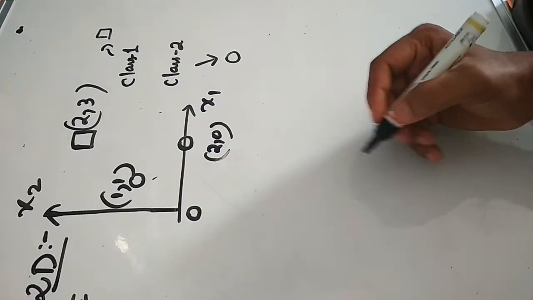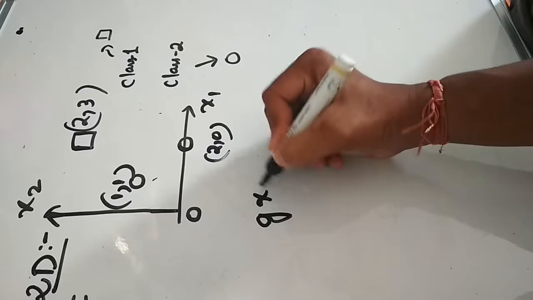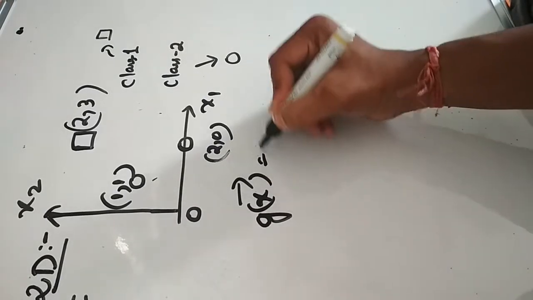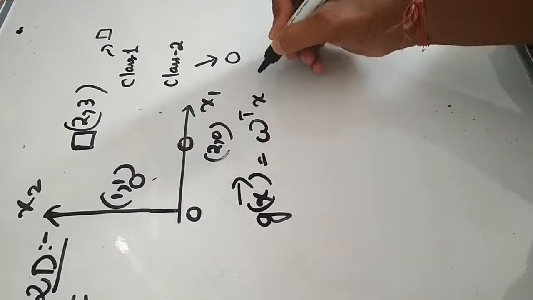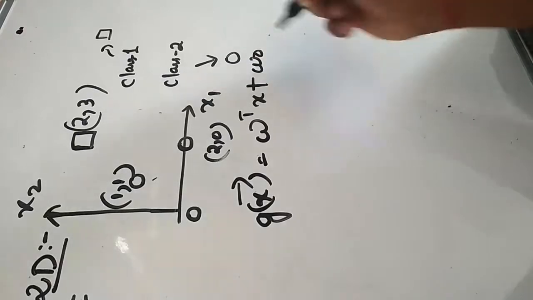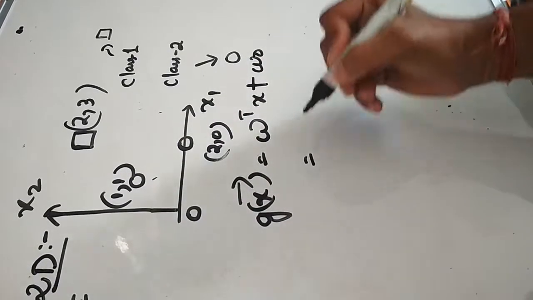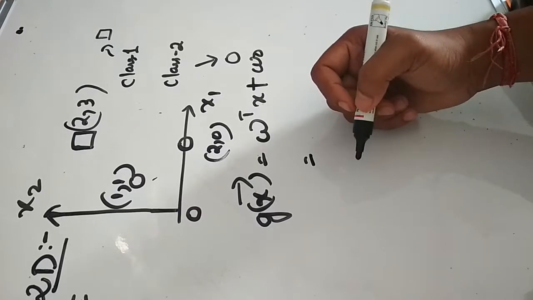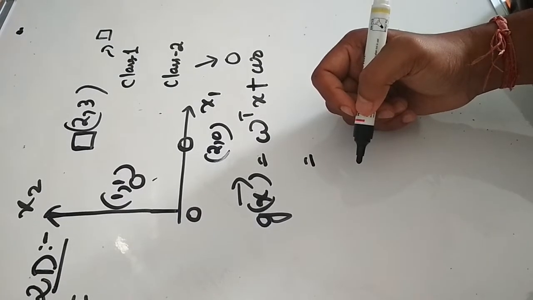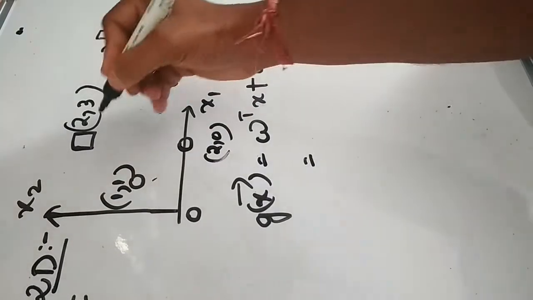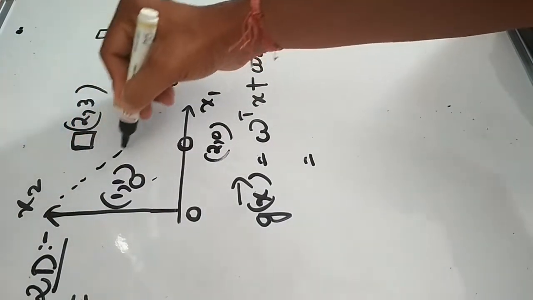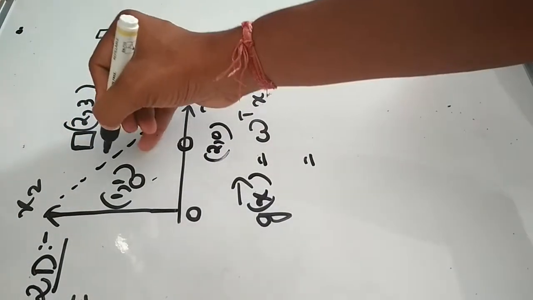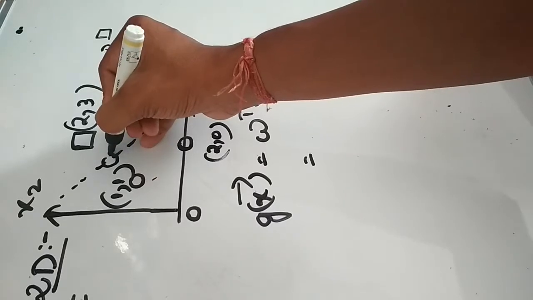So for that what we are doing, we will take the equation first, g(x) equal to w^T x plus w0. So here we can see that first of all we will find a weight, that may be here. Suppose a line is here, so it can be represented like this point.